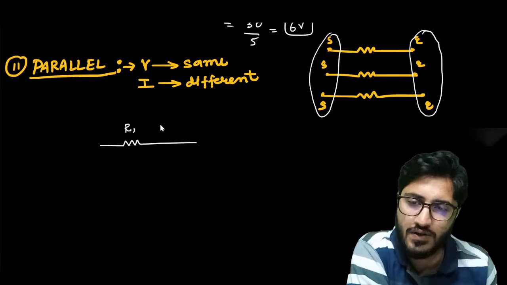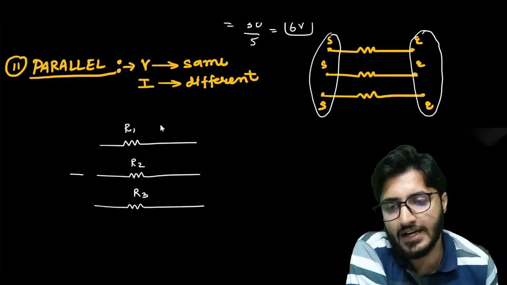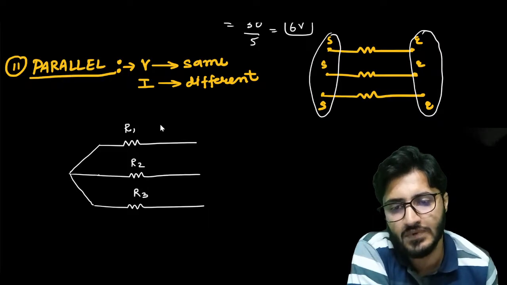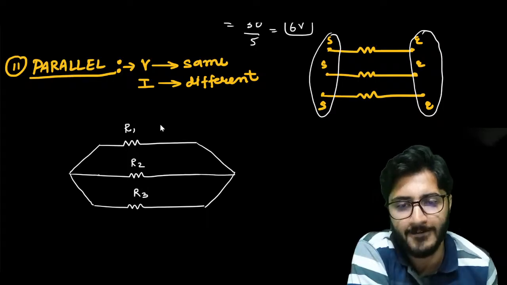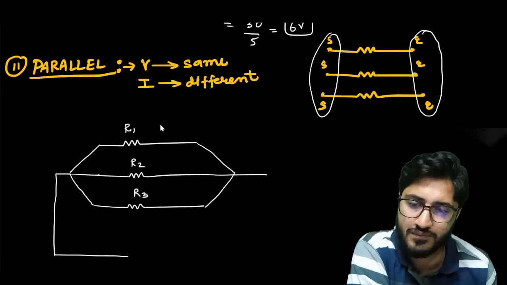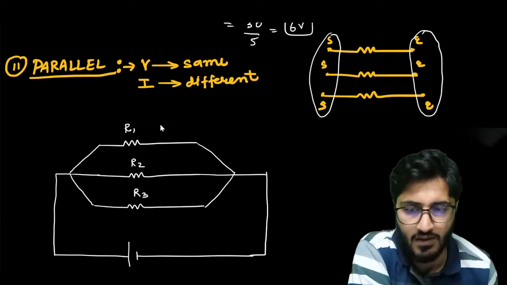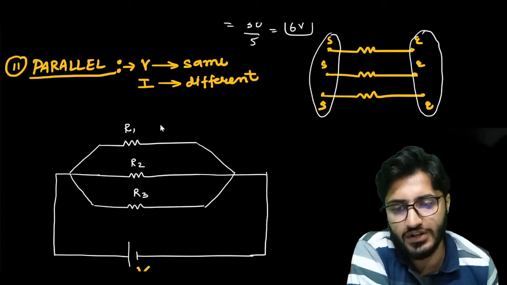Look better. How? Look. R1, second one R2, third one R3. Let us connect these things now to a common point. Now connect an external battery. With V voltage, current I will go out from the battery and current I will go inside the battery.